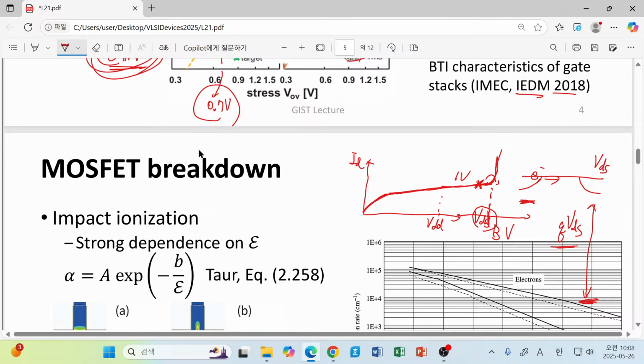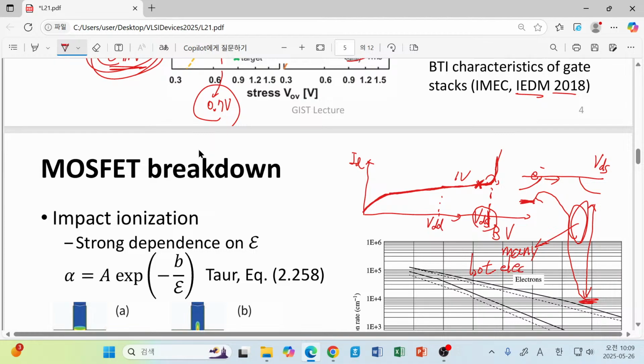So when we have such a high VDS value, many of our electrons gain energy. It means that there are so many hot electrons.